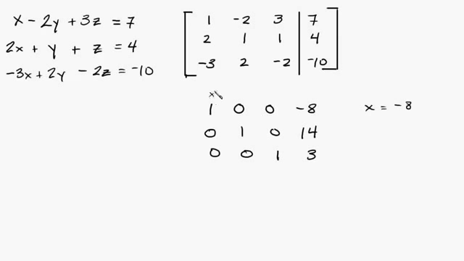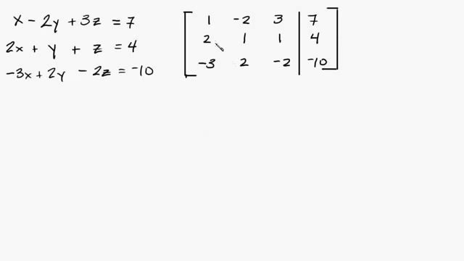So this would be your x column, this would be your y column, and this would be your z column. So here y would be equal to 14, and over here z is equal to 3. Okay? Well, this is not the answer to this right here, but we're about to do it. So let me get rid of this right here. I'll explain as I'm going along with the problem how to do this, because it's not quite that simple.